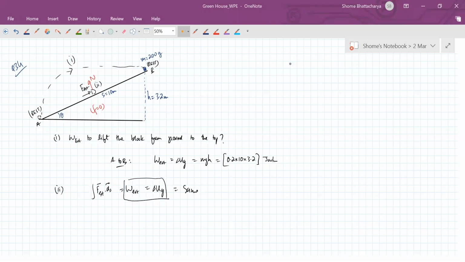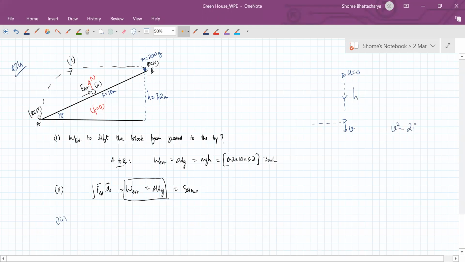Okay. Then third part: if it falls off the incline and drops vertically on the ground, what will be the speed when it reaches the ground? So if it falls off and comes vertically on the ground like this, then it will hit the ground with a velocity of, you can use kinematics or you can use work energy.